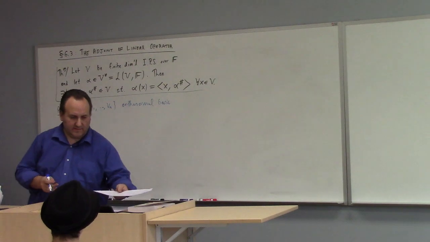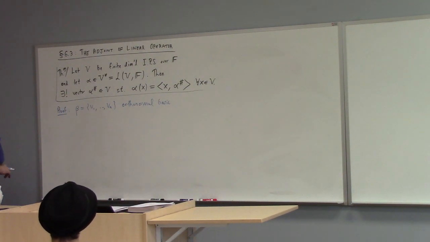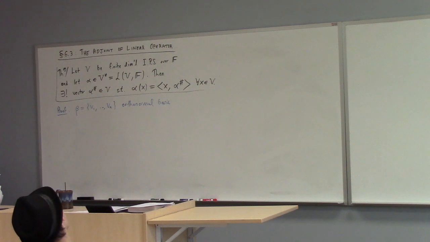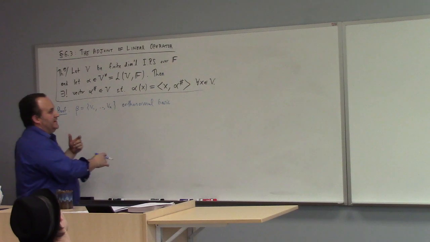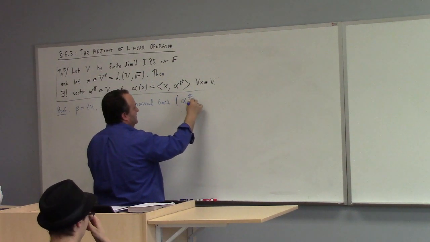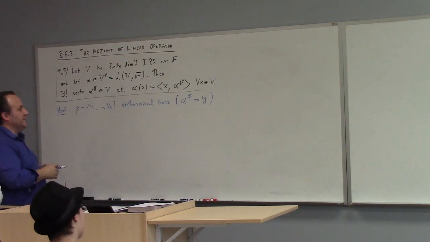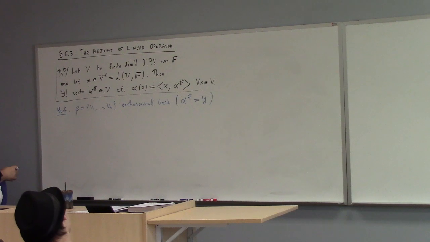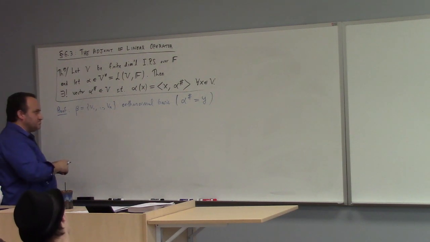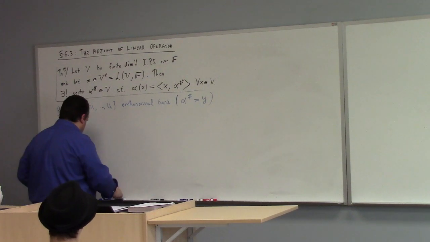Let's work it out instead. So how would we find this vector alpha sharp? We can solve for it, right? Let's try that. So let's call alpha sharp y, as the book does. Let's just try to work it out and see if we can figure out what it should be, just from calculation here.